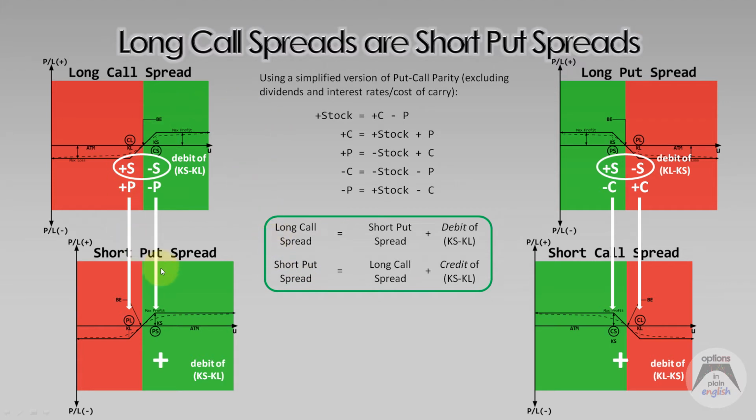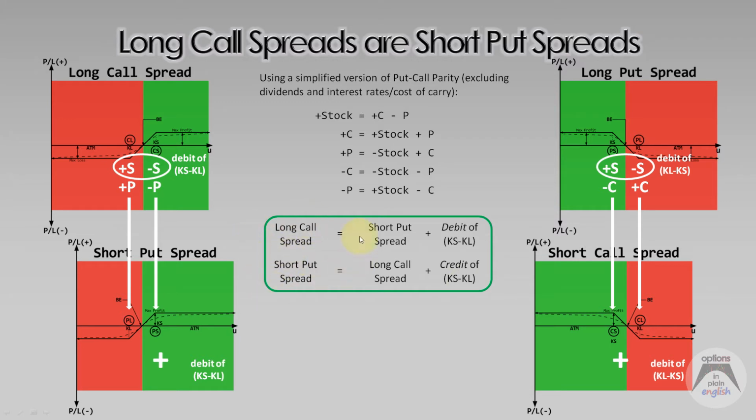So for the bullish positions, the long call spread is equal to the short put spread plus a debit of the distance between strikes. The short put spread, in this case, is equal to the long call spread plus a credit of the distance between strikes.